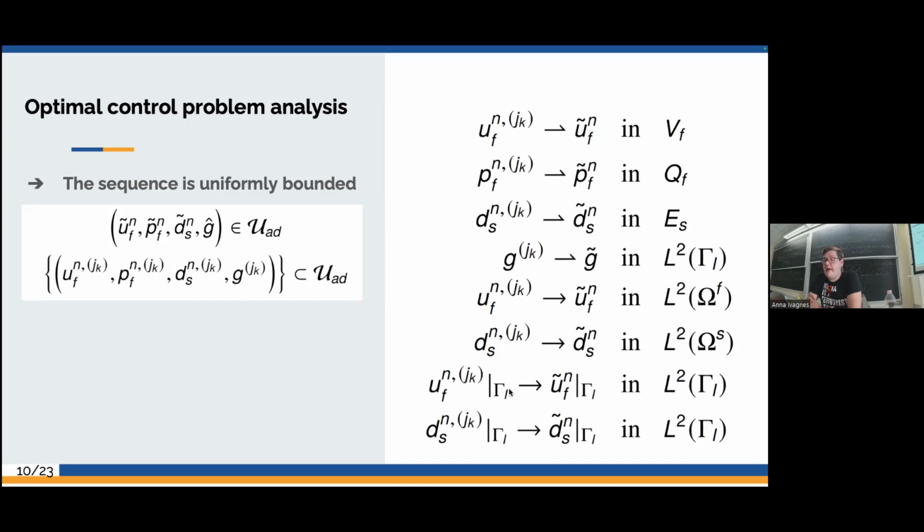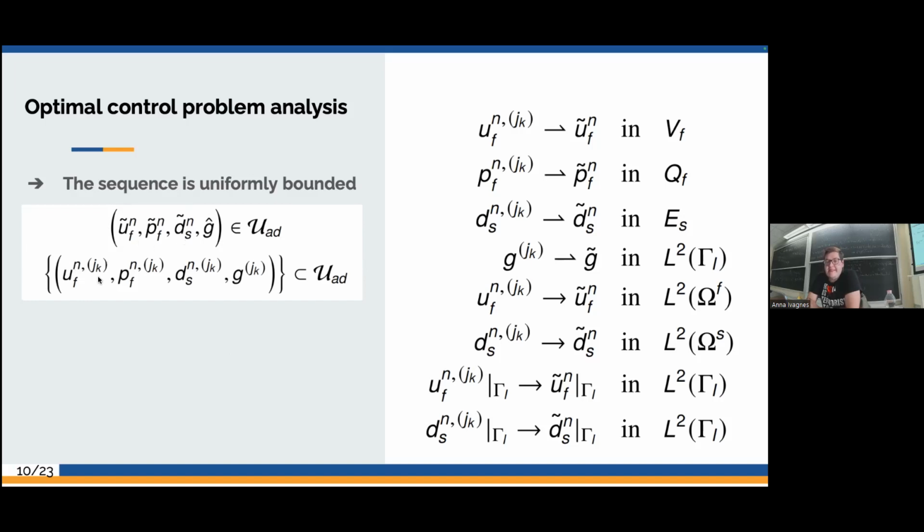Plus, by the compact inclusion of the trace spaces, we can also deduce the strong convergence of the traces of the subsequences in the L2 sense on the interface. Using all these properties, we can pass to the limit in the equations.